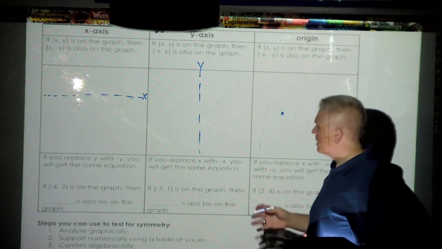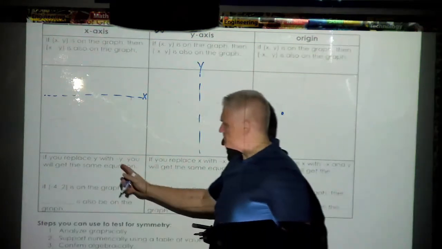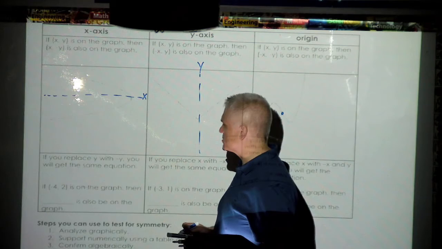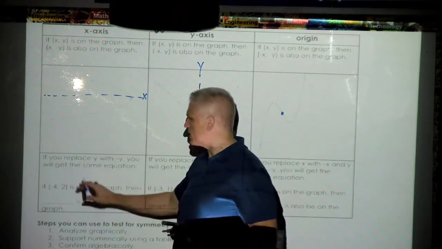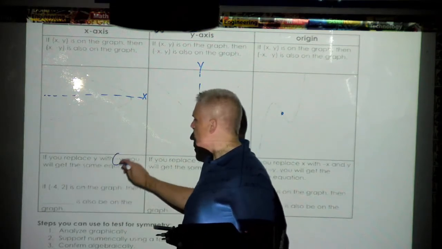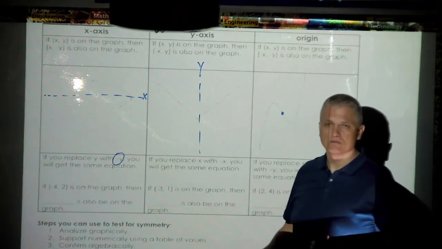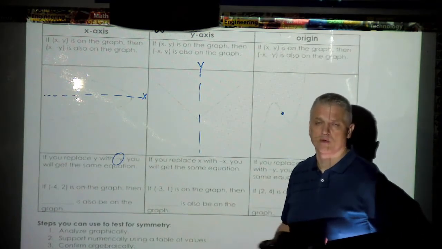Now, how can you tell if something has x-axis symmetry? Well, algebraically, if you replace the y with negative y and you simplify everything, you get the same equation that you started with.